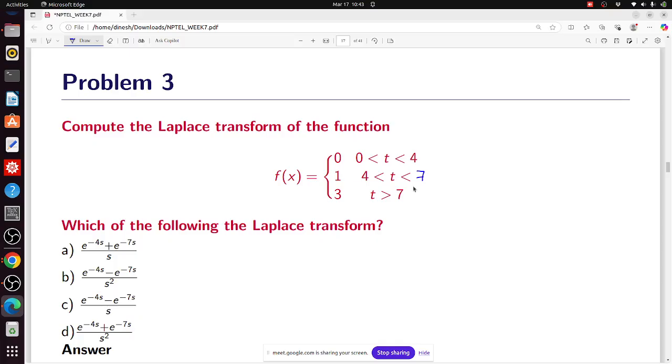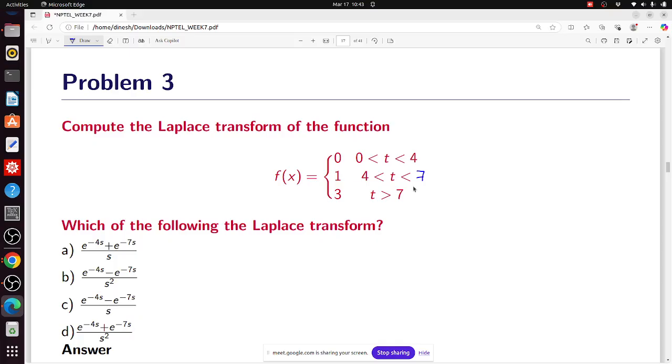We can use the Laplace transform formula here, splitting the integration into three parts: 0 to 4, 4 to 7, and 7 to infinity. Again, we can use a different method using the step function.